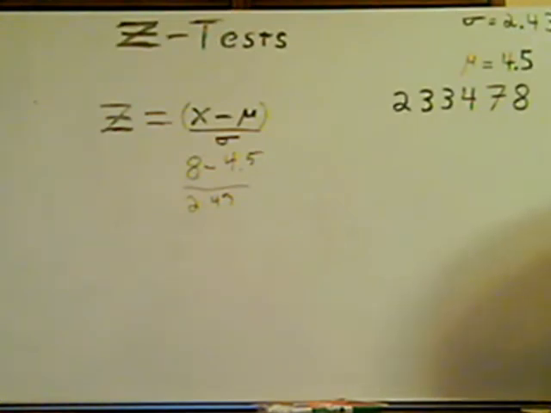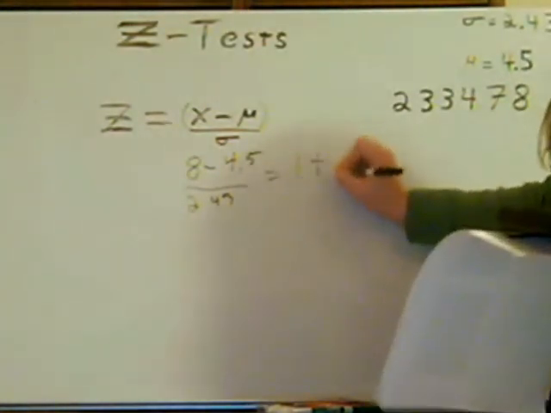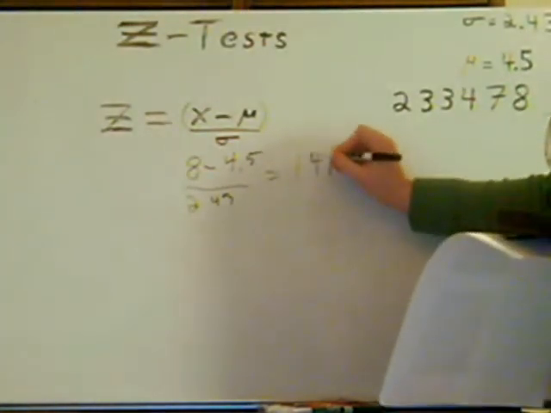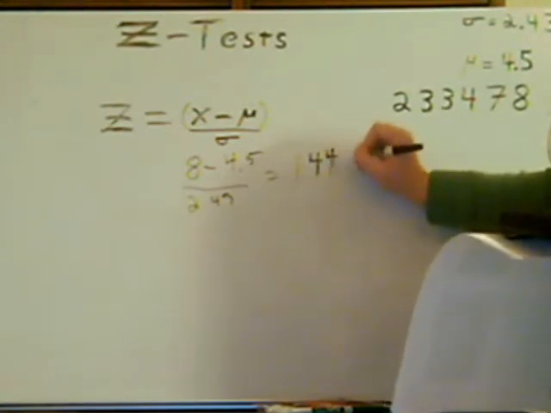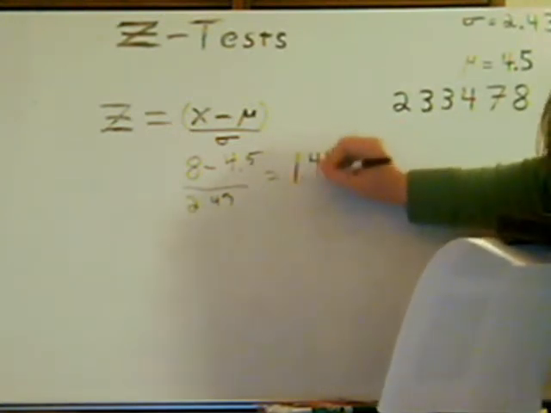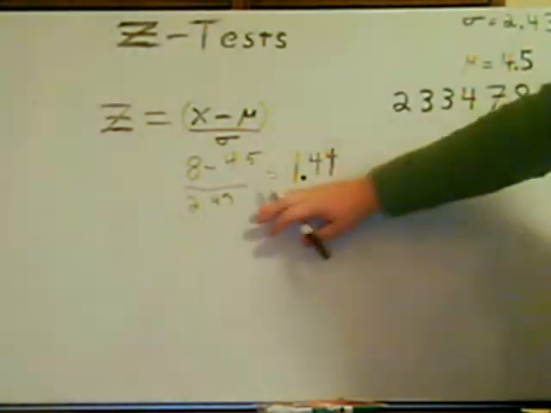Alright, we came up with a z-score of 1.44, just about. So now, we're going to take this z-score and move over back to the normal curve, because after all, that's what this is for.